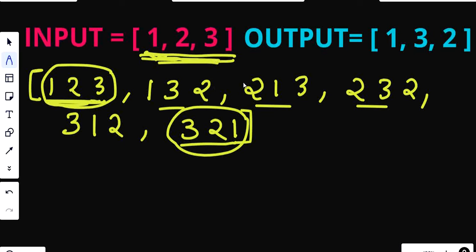So this is the first thing that we observe: the smallest permutation is always the one in ascending order, and the greatest one will always be in descending order. And the first and the last permutation will be the reverse of one another.